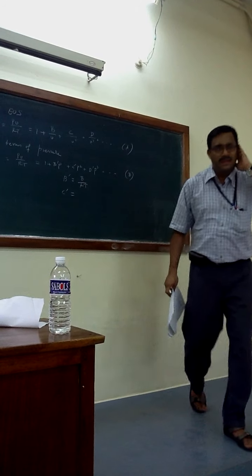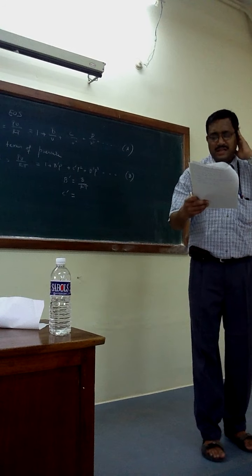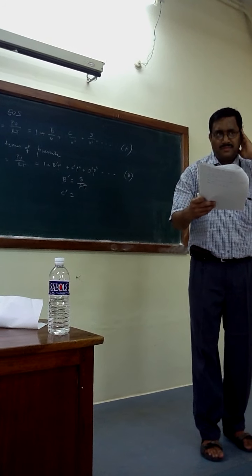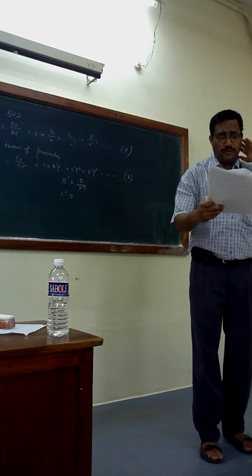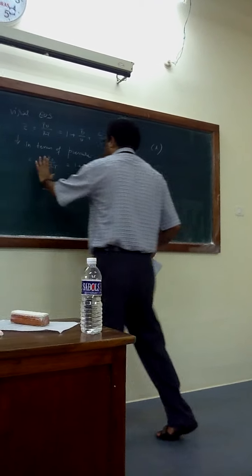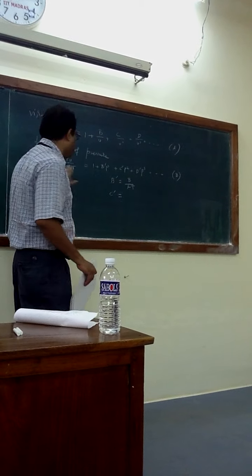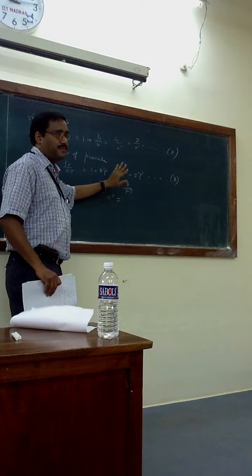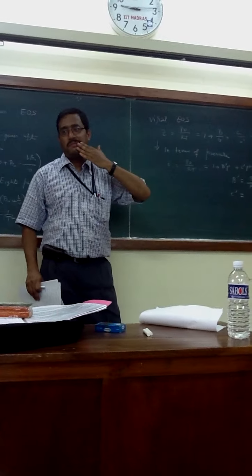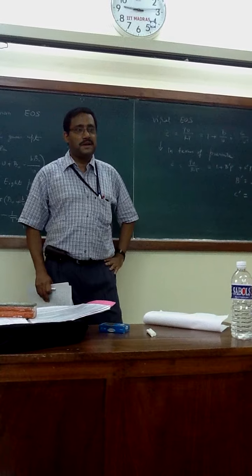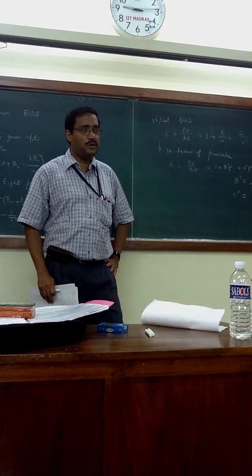C by R square. Z should not be there, no? Z is a function, a dependent variable. There is a C by R square T square. Check whether we are missing something.